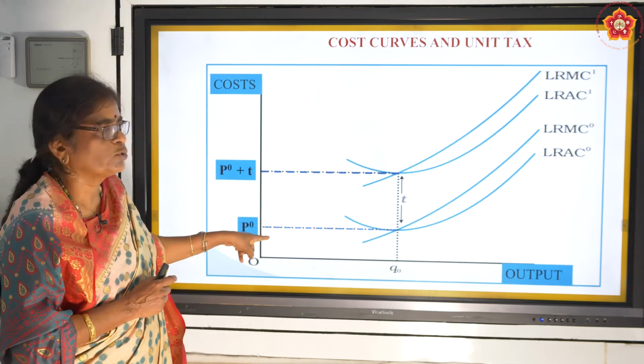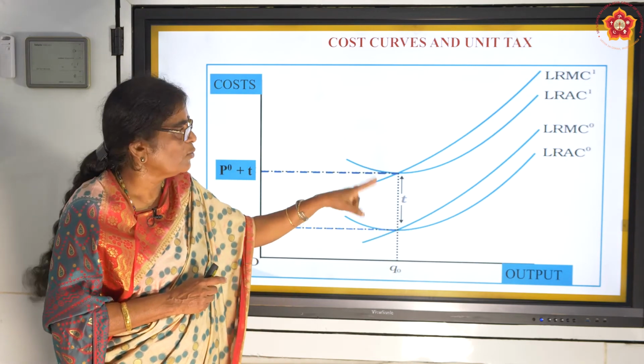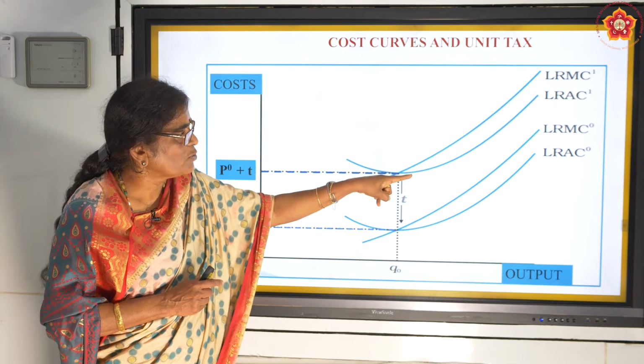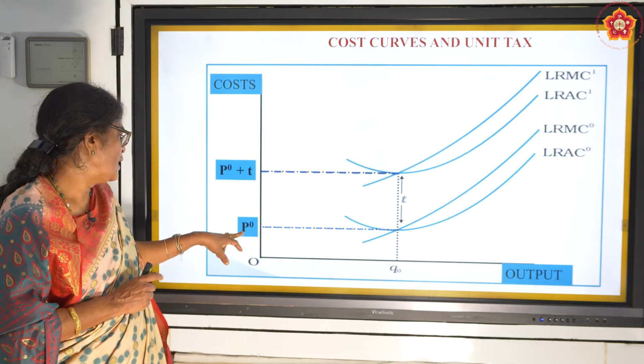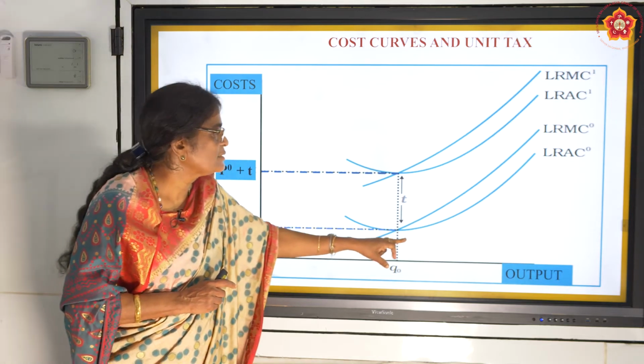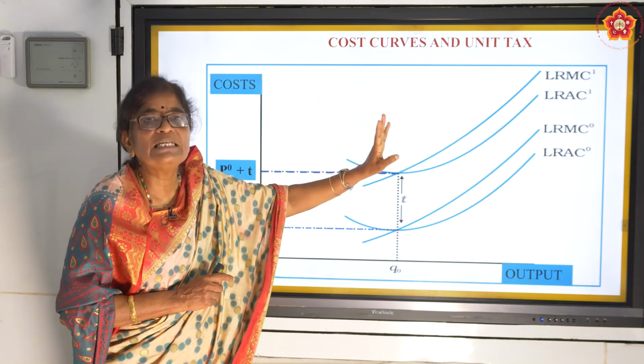Before tax is imposed, in the long run there are only 2 cost curves, long run average cost and long run marginal cost. Before the imposition of tax at the price P0, the cost curves are LRAC0 and LRMC0, the initial stage.